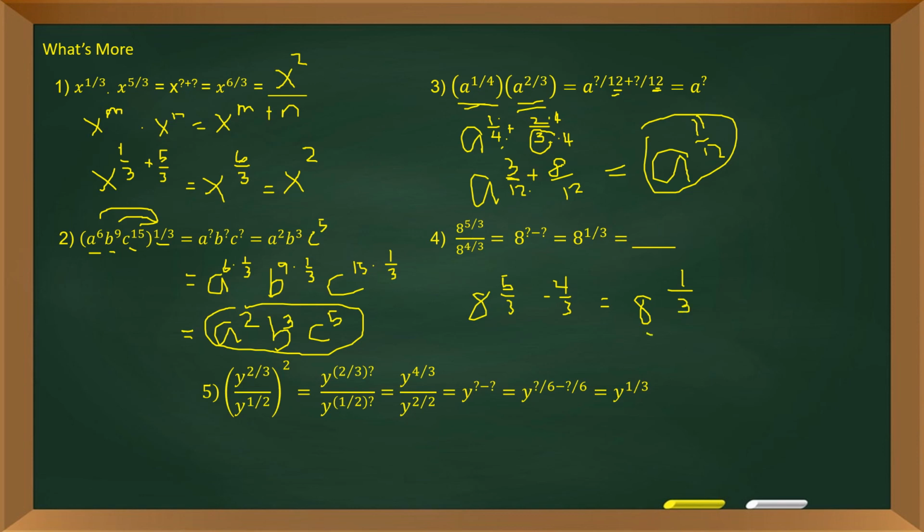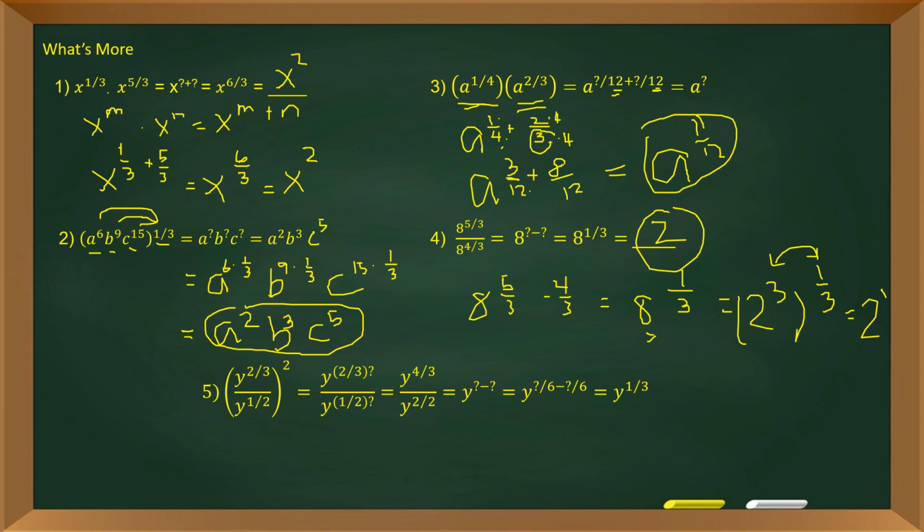And as you can see, 8 can be expressed into an exponential form, which is 2 raised to 3. 2 raised to 3 raised to 1/3. Again, applying the power of a power, we have 3 times 1/3 is 1. So we can only have 2 raised to 1 or simply 2. So the final answer here is 2.